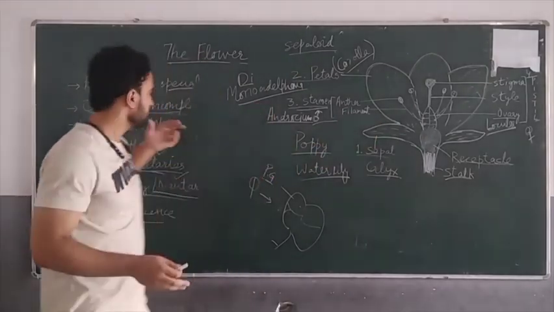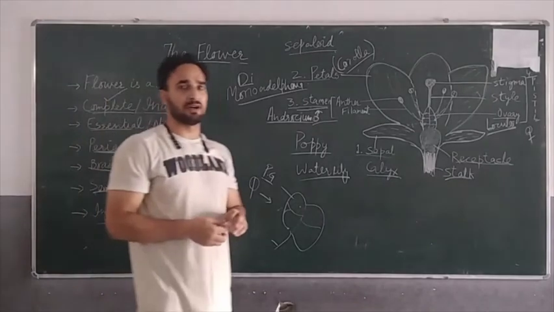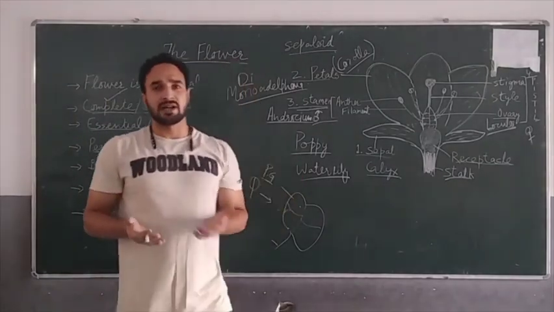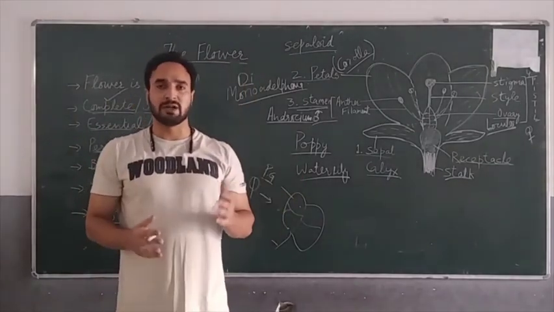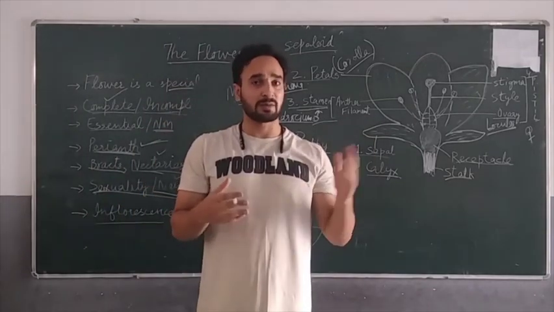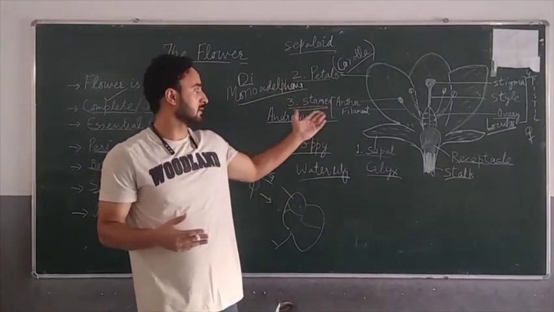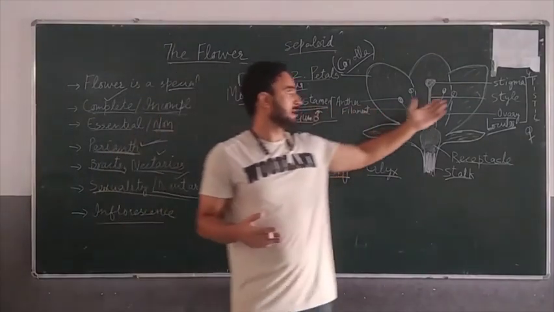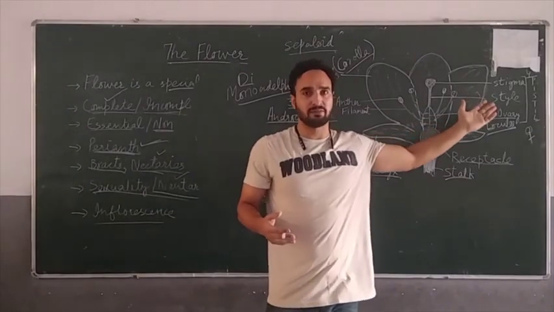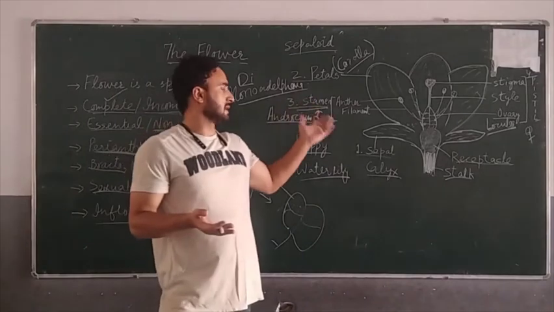The other thing we shall study are the essential and non-essential parts of a flower. The essential parts are those parts which are actually participating in the reproduction. That is the male part, stamen or androecium, and the female part, pistil or gynoecium.